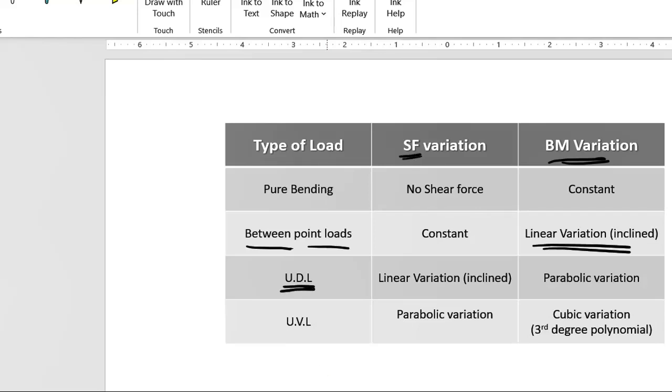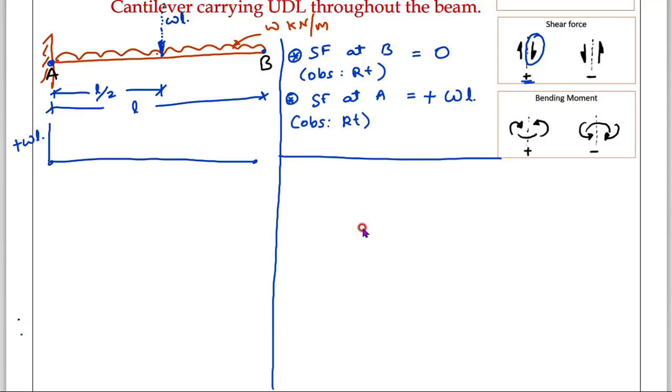I am drawing the shear force diagram. Whenever I am dealing with UDL, shear force variation is linear, inclined. Therefore, here this will be linear variation. Okay, positive. This is SFD.